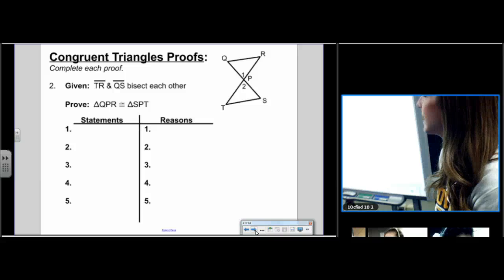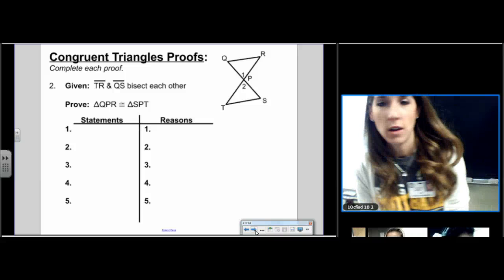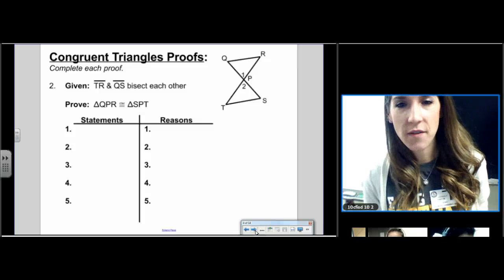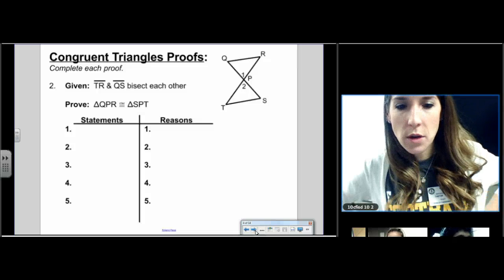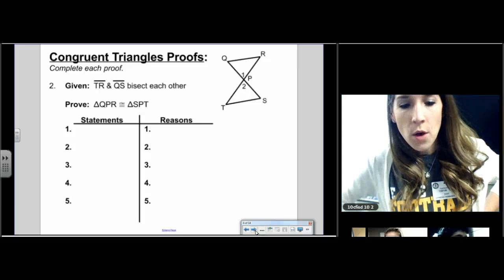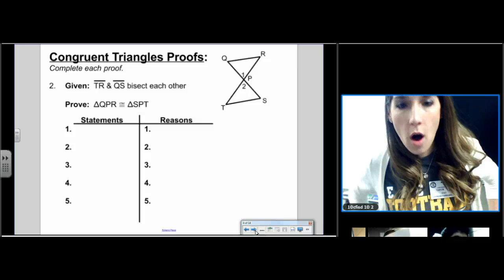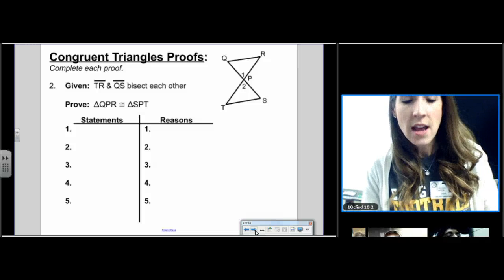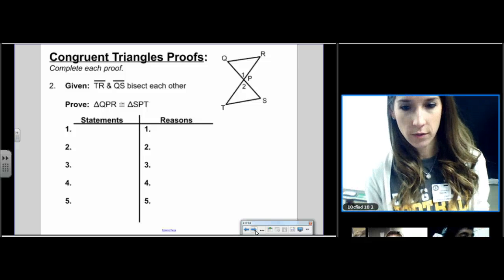Today we are going to prove two triangles congruent, and none of the proof is going to be filled in. So you might want to write this down in your notes, or you can just follow along. We talked about yesterday, you always start with the given, and you see if anything can follow from the given.